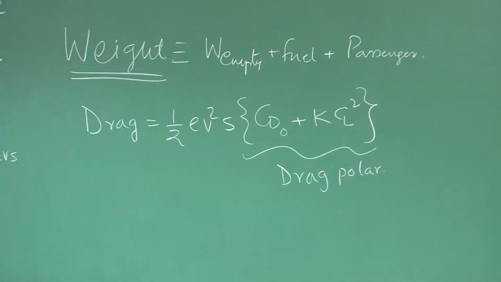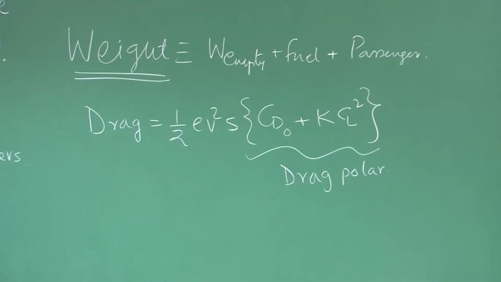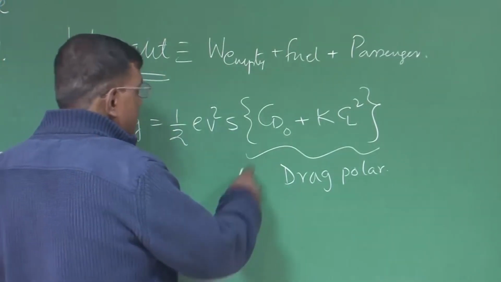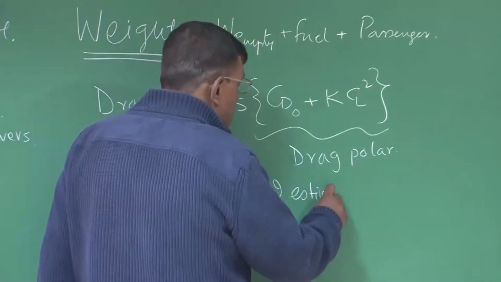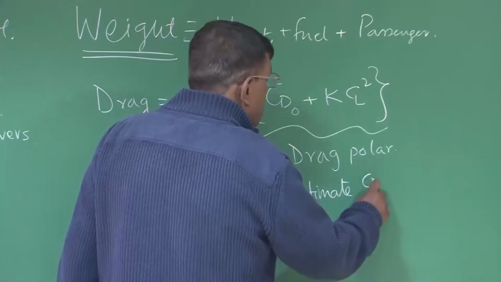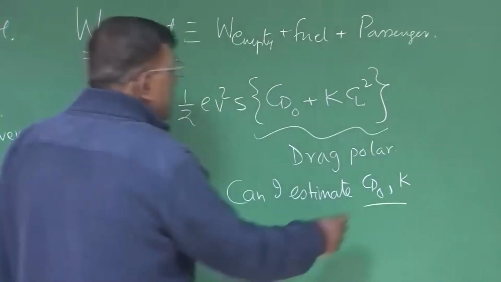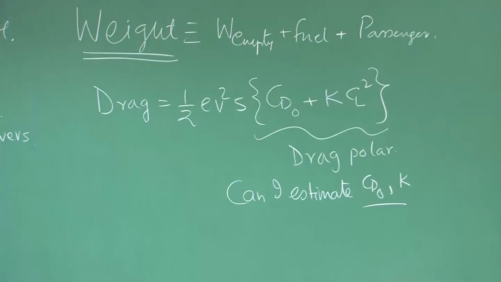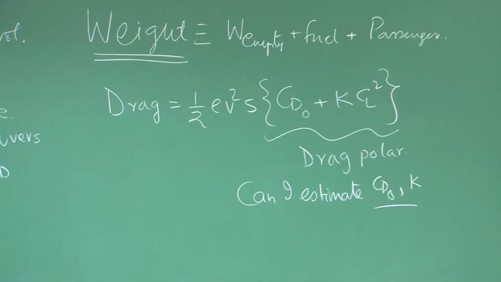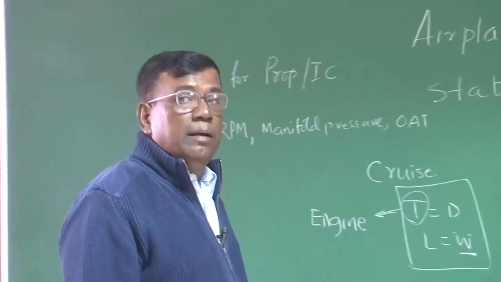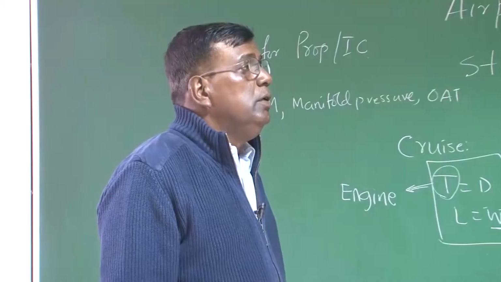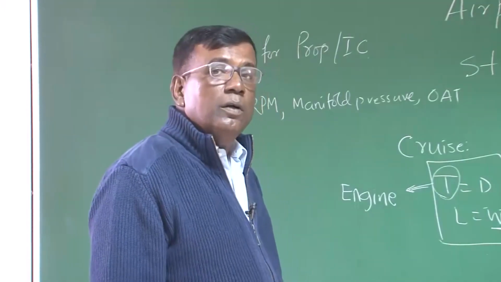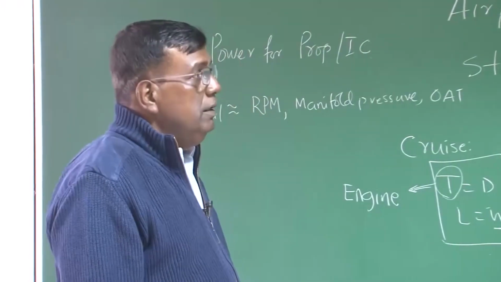So if I want to extract the drag polar of the airplane through a flight experiment, can I estimate CD0 and k? If I can estimate CD0 and k through experiment, that means I am extracting the drag polar of the airplane, because I am assuming that this airplane will follow a parabolic drag polar equation. That's very important, right? Okay.